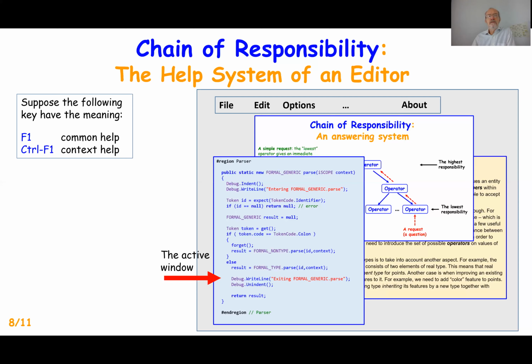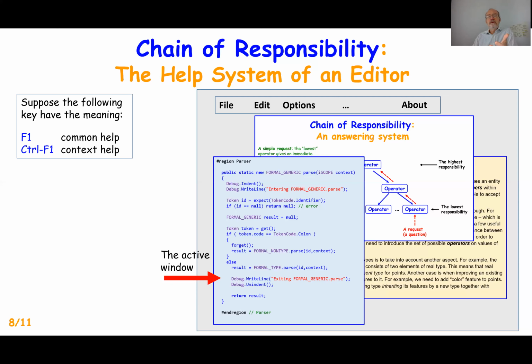At the same time, if he or she presses Ctrl F1, he or she gets so-called context help. That is the help which is related to the particular part of the editor.